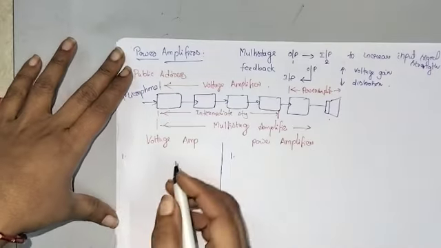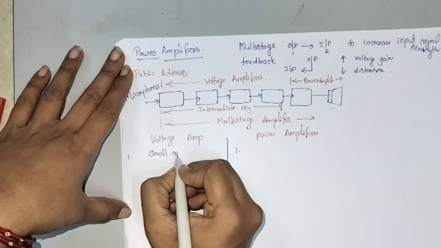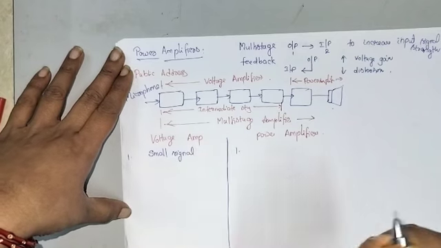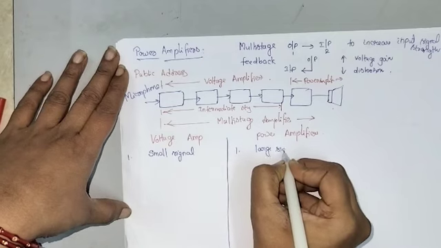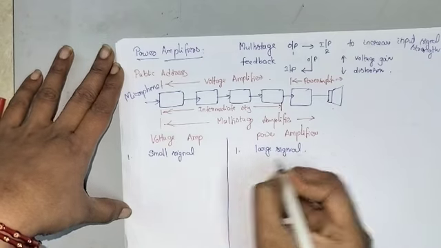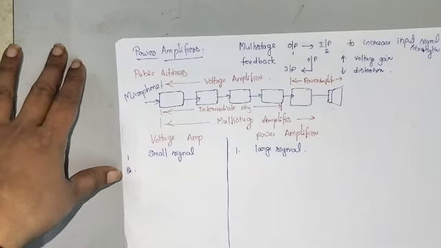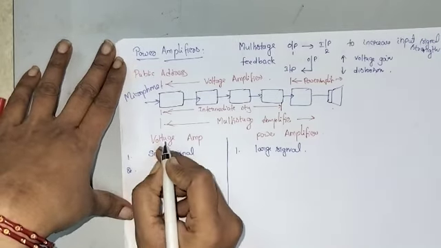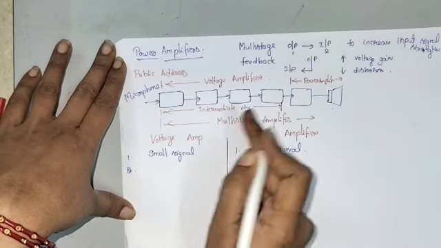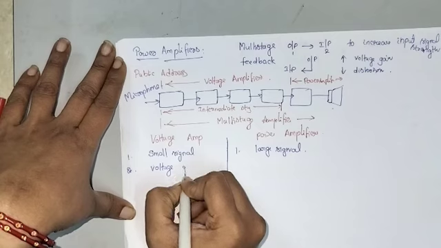So the first point is that voltage amplifiers are small signal amplifiers. Power amplifiers are large signal amplifiers. Next, the basic function of a voltage amplifier is to provide high voltage to the load, so voltage gain is important.